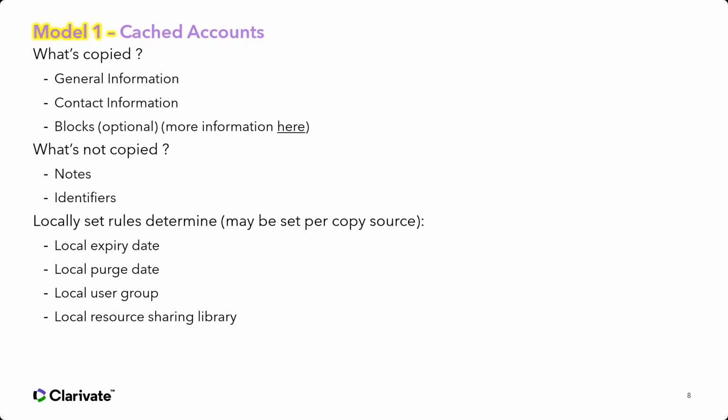I will not go into the full details of how that can be done. There's a link to another presentation that describes the entire setup. But just for you to know, you can create persistent blocks at the source institution, and they can also propagate to the target institutions. Also note that it is currently only in this direction.